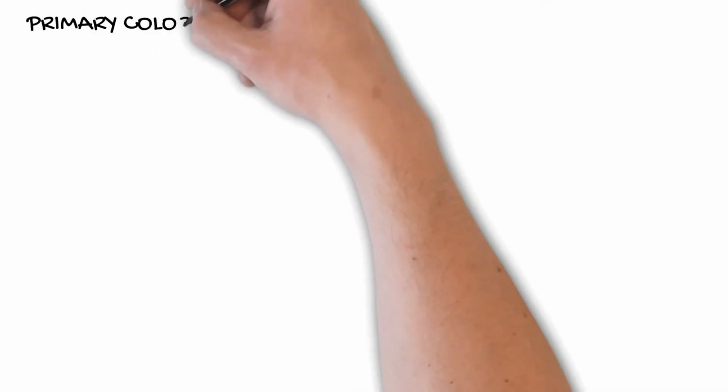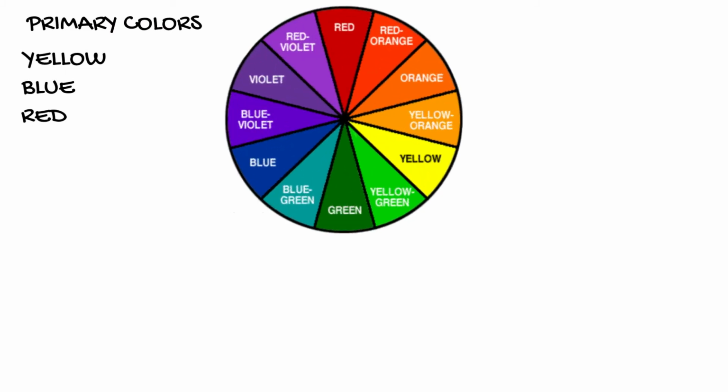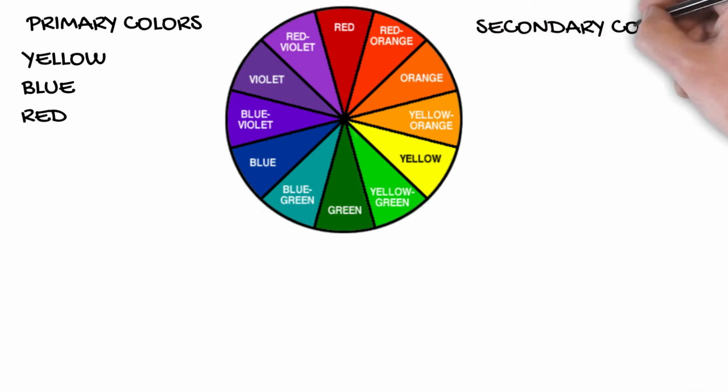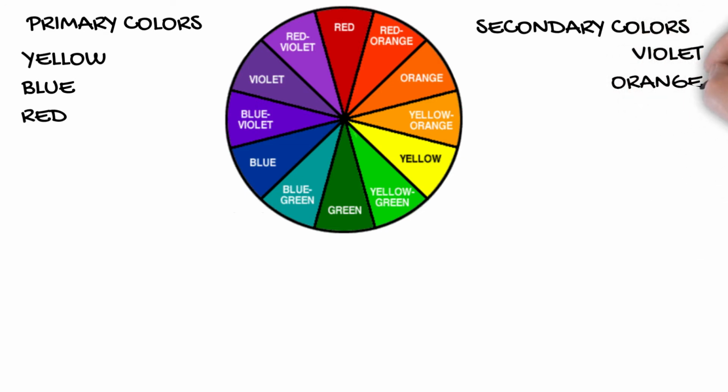Primary colors consist of yellow, blue, and red. It is the main color that creates another color by means of blending. Secondary colors are colors that come from mixing two primary colors. It consists of violet by mixing blue and red, orange by mixing red and yellow, and green by mixing yellow and blue.